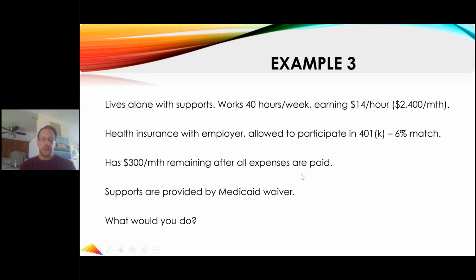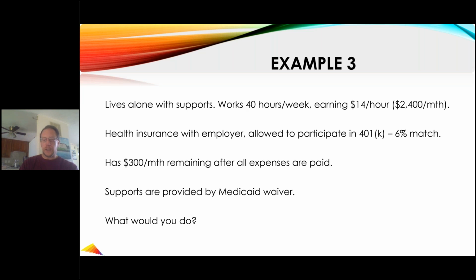In this example, because there is a Medicaid waiver, I would probably look at doing the ABLE account to minimize the exposure to the waiver. But this would be something you'd want to do a deeper dive in.